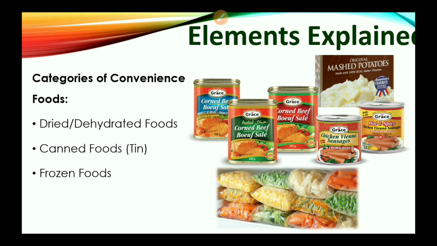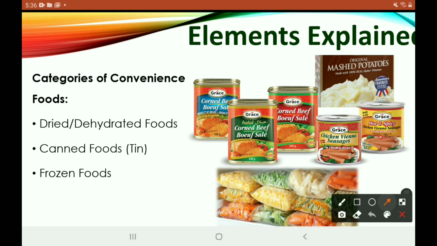So we'll be focusing on these 3 categories. The first one we have here is dried or dehydrated foods. So what are those foods that you get at the supermarket that you have to reconstitute? You may have to add water to it, but at the same time it is easily prepared.